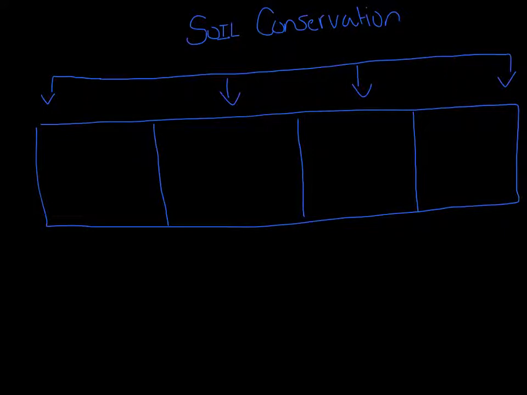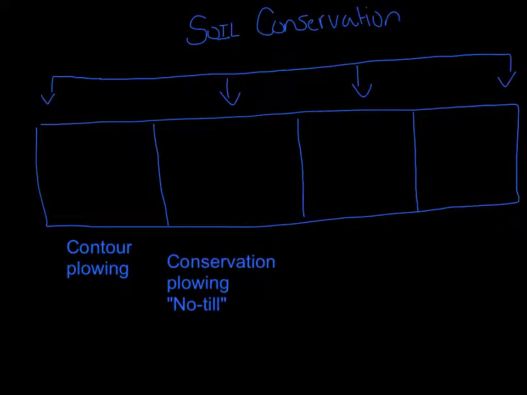Okay, so what we have is contour plowing. And then we have conservation plowing, and this is also known as no-till farming.